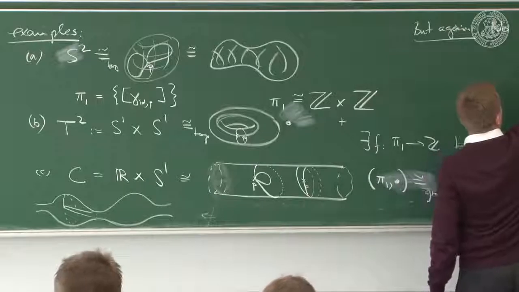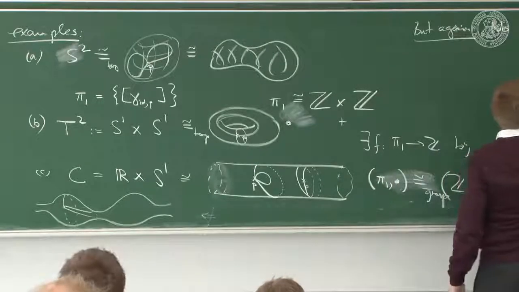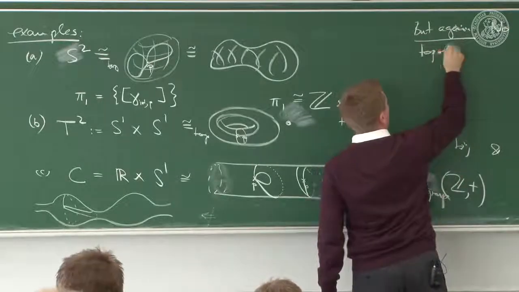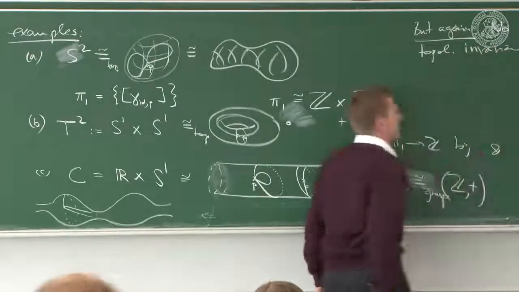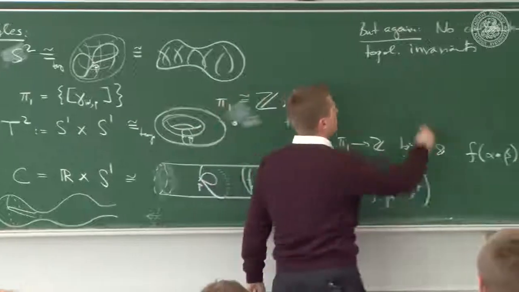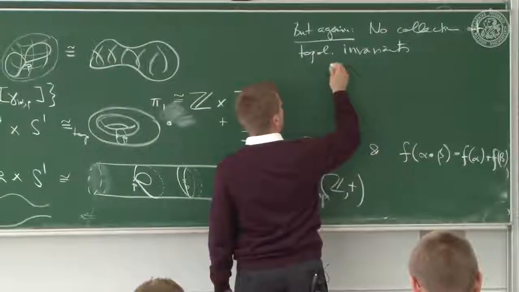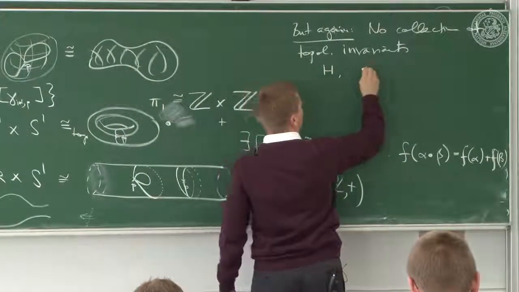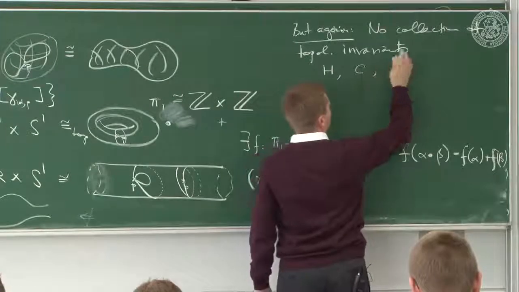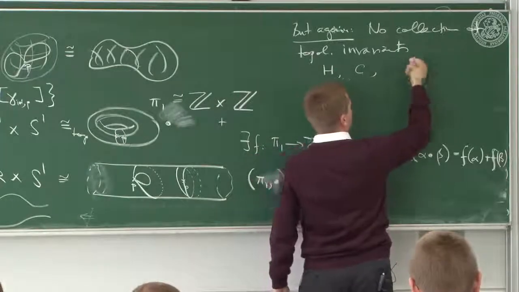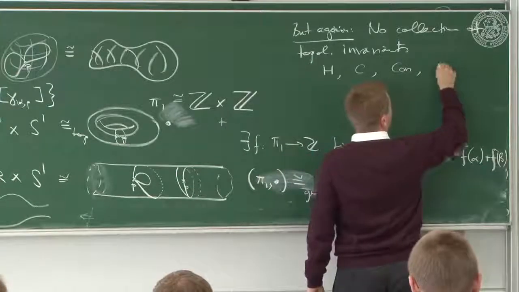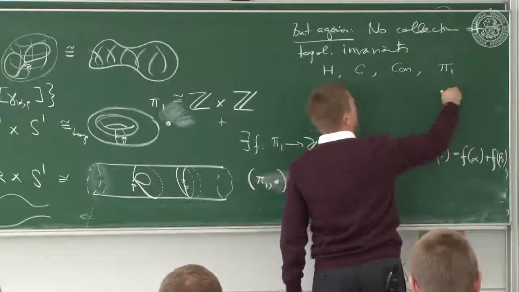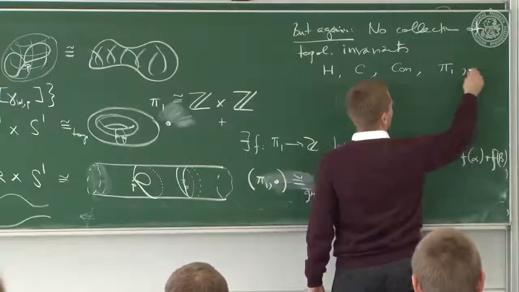But again, no collection of topological invariants. One can also call them topological invariants because they're invariant under homeomorphism. No collection of topological invariants. Let's call them Hausdorff, yes, no, compact, yes, no, connected, yes, no, fundamental group, well, not yes, no, but group valued.